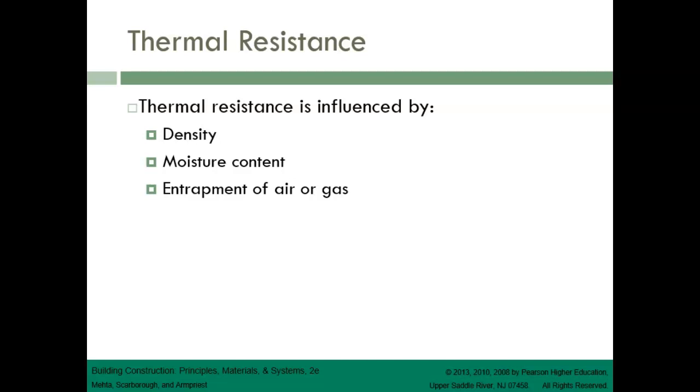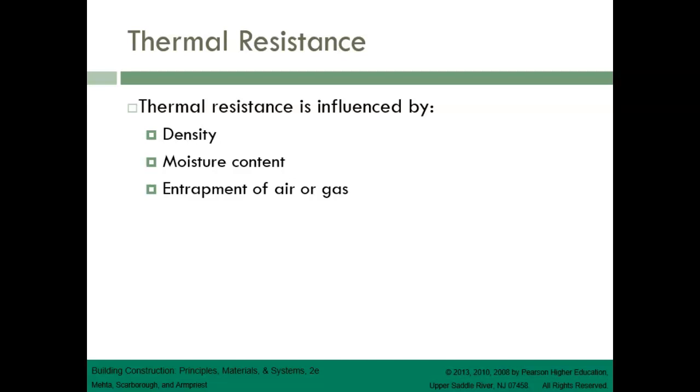Then we get into ceramic materials like clay brick, and the P value for clay brick is much higher than metal, at 0.2. Wood-based materials are even higher. A solid piece of lumber with 12% moisture content has a P value of 1.2. And then we get into the insulating materials.